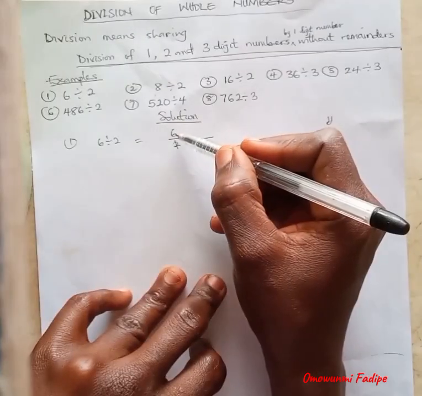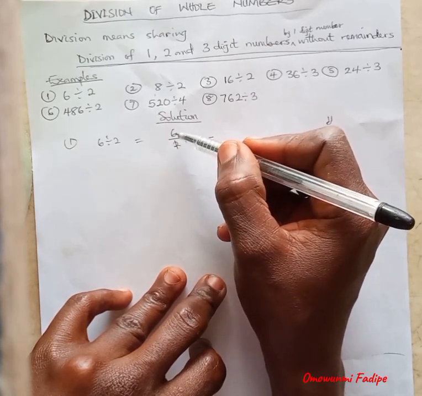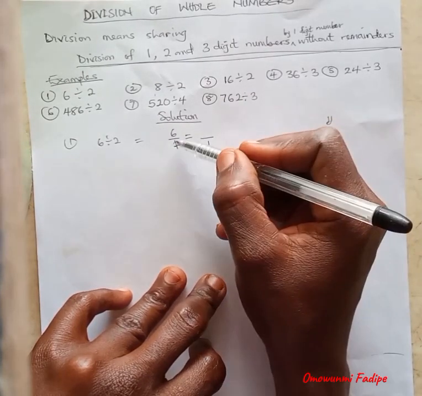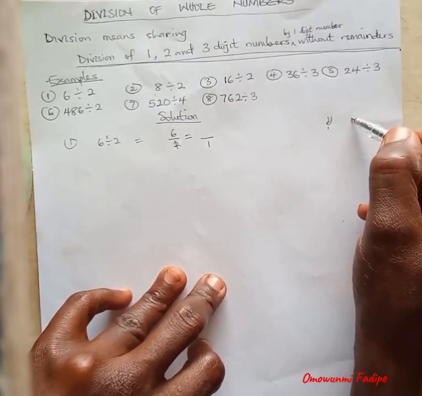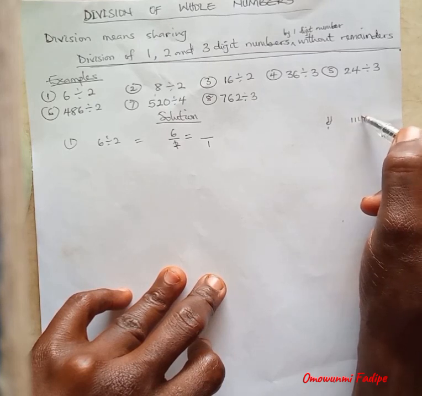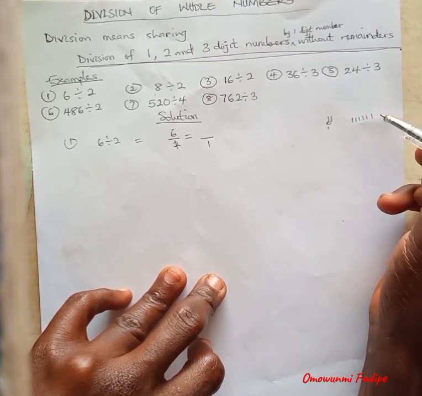And for 6 also, if I have used 2 to divide this down, I must also use 2 for the up. So how many 2 will I see inside 6? I will count 6 also: 1, 2, 3, 4, 5, 6. How many groups of 2 will I see inside 6?